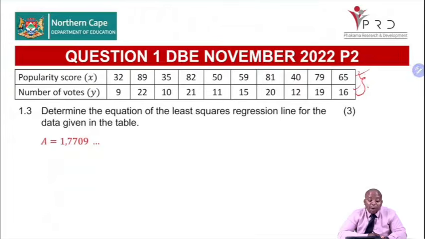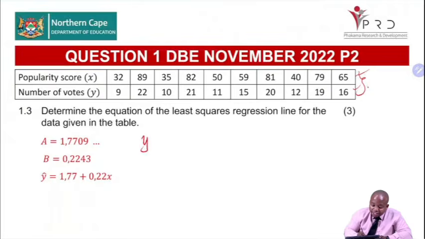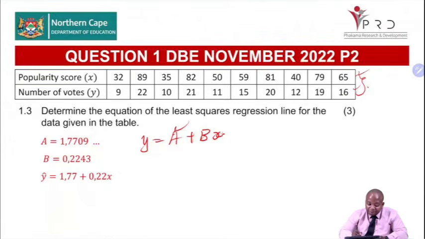Then we find that our A from our calculator instruction is 1,77, and our B is 0,22 in this case. From our equation Y equals A plus bx, we substitute A as 1,77 plus B, which is 0,22 multiplied by x, and that is our equation. Our equation is going to be 1,77 plus 0,22x.